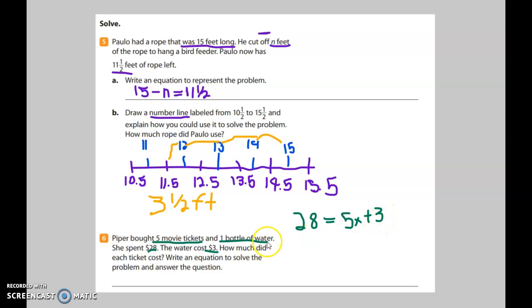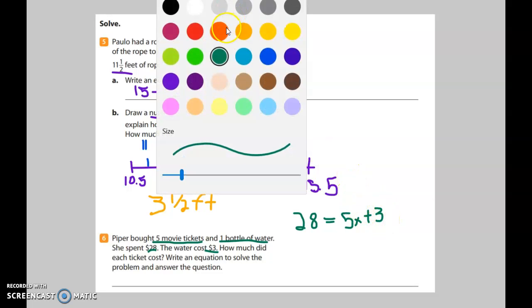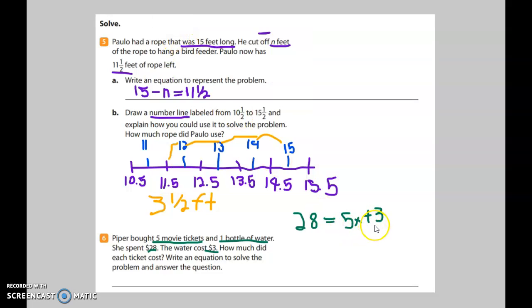Alright, first things first, I need to get rid of that 3. It's the first thing I can get rid of here. By moving it away from the variable so that I can isolate the variable, what do I need to do? This is adding. What's the opposite of adding? Subtracting. And again, I've got to do it to both sides.